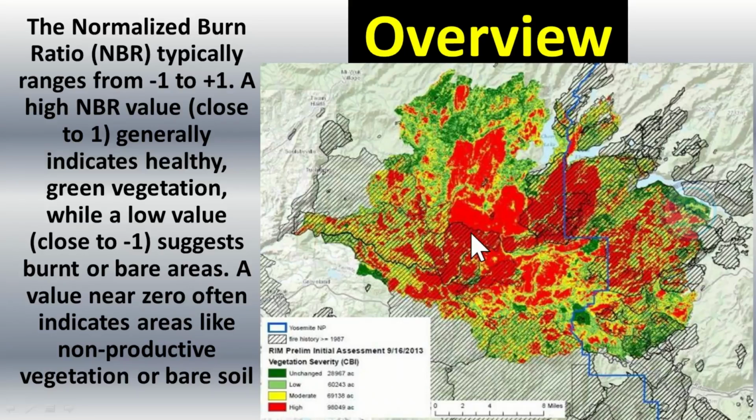That is, they have low values of normalized burn ratio, indicating that they were severely burnt. So this is the typical overview of normalized burn ratio. It's an index used to assess the severity of burnt areas after wildfire incidents.